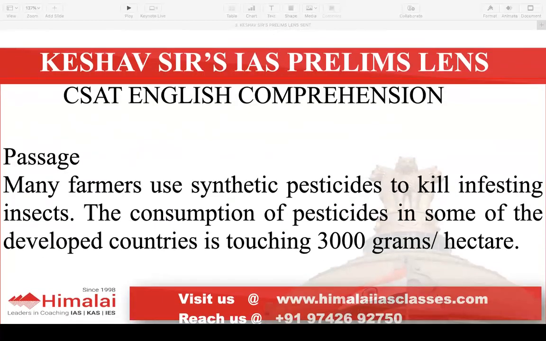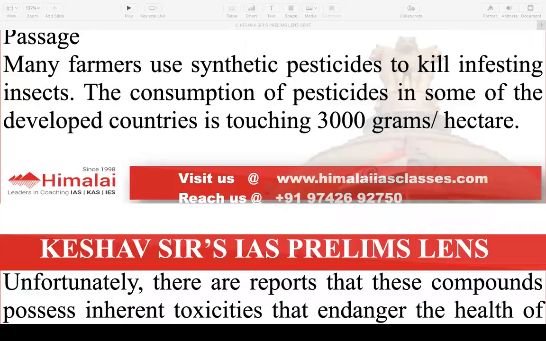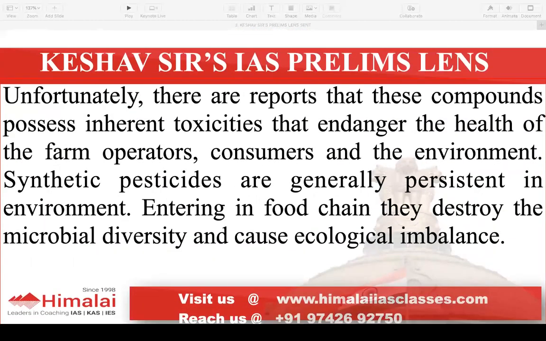Let's look at the CSAT English comprehension question. Many farmers use synthetic pesticides to kill infesting insects. The consumption of pesticides in some of the developed countries is touching 3,000 grams per hectare. Unfortunately, there are reports that these compounds possess inherent toxicities that endanger the health of the farm operators, consumers, and the environment.